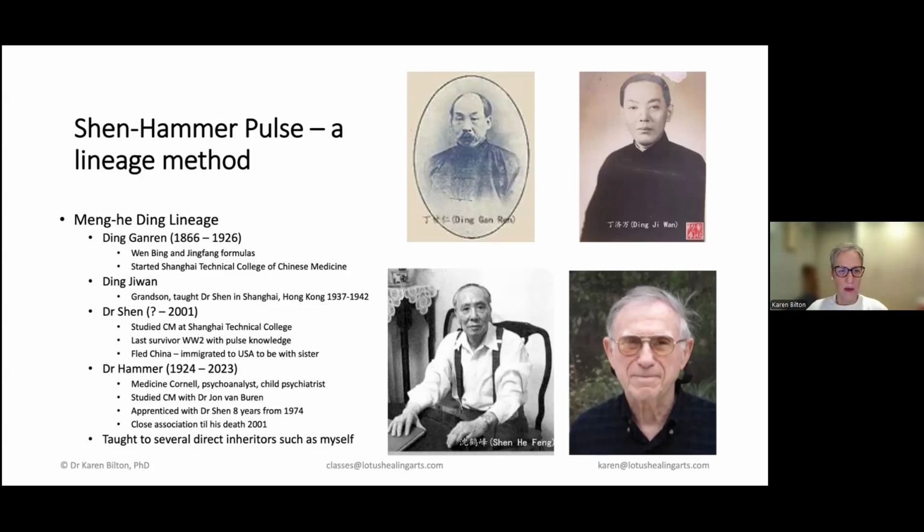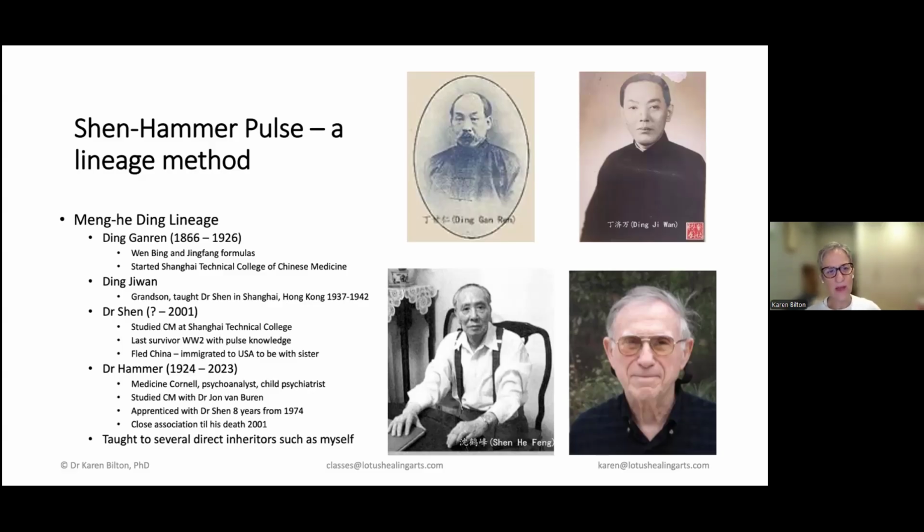When I was last in China studying with Huang, we were at the Chinese Medicine University Museum, and there was a big section on the Ding lineage and Dingan Ren. There are a few things that Huang does in his diagnostic process that Dr. Shen used to do, and that I'd been taught by Dr. Hammer. So I can see that the medicine coming out of that part of China was all very interconnected.